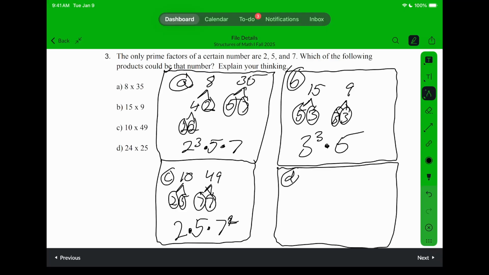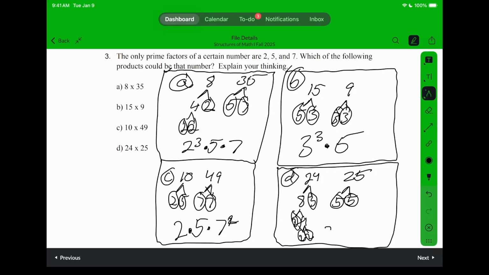And then finally, we have D. We have 24, which we can do 8 and 3, and 2 and 4, and 2 and 2. And then we have 25, which we can do 5 and 5.